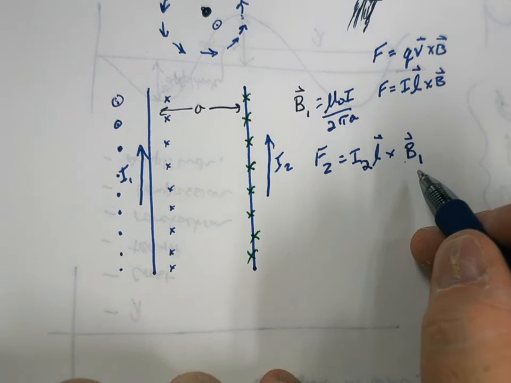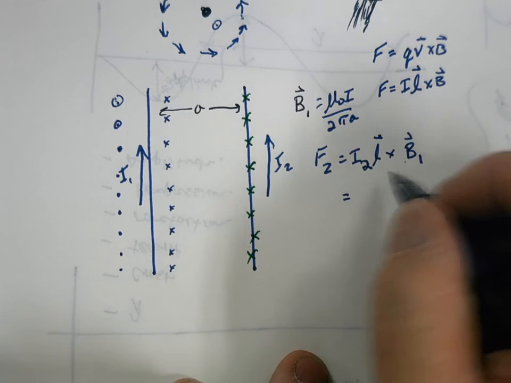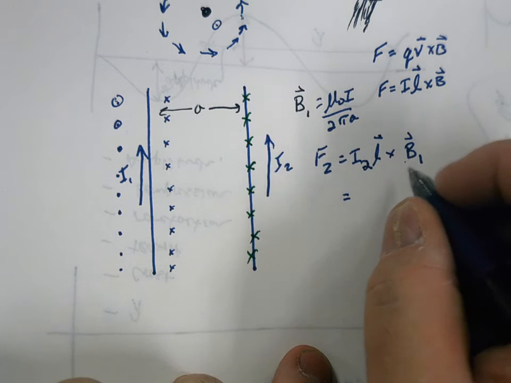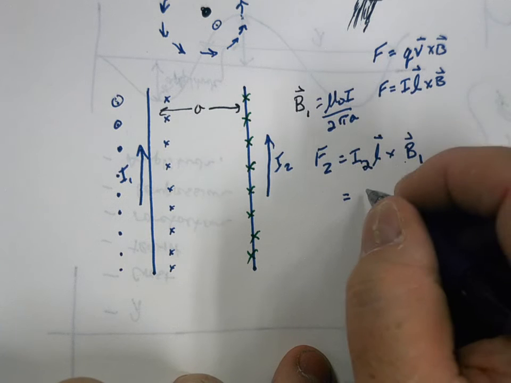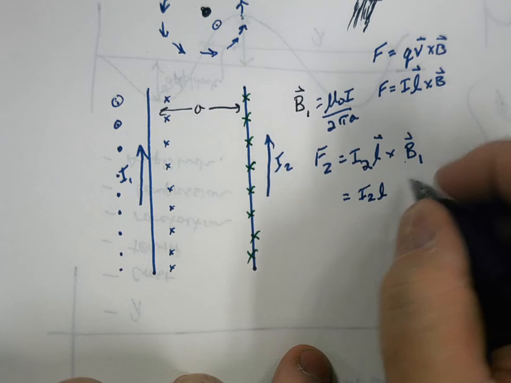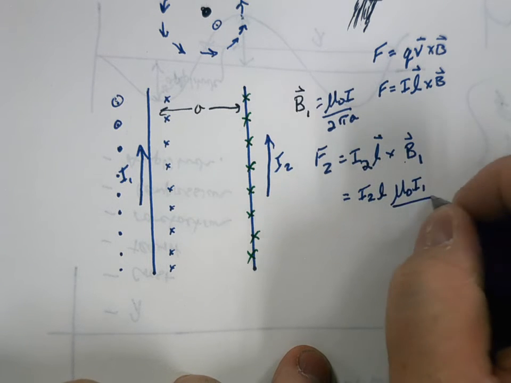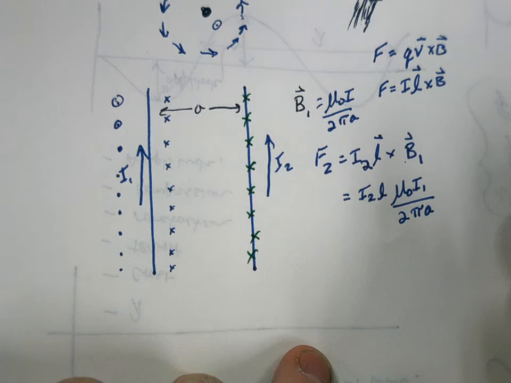All right, so now we throw that in there. They are perpendicular, so the sine theta of the cross product is still 1. All right, so we're going to get I2 L mu naught I1 over 2 pi A, which is the distance between them.